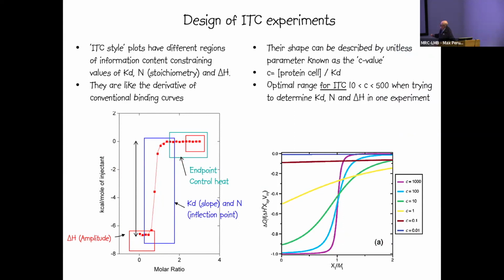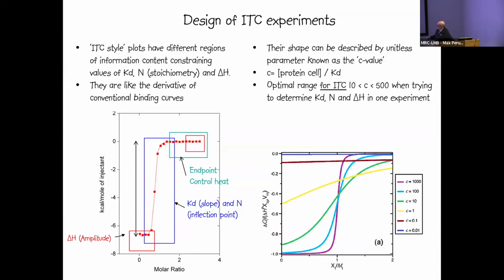So in this case, there's some more data that was obtained, and you can see these initial injections here are telling us a lot about the enthalpy, or the amplitude, the total amount of heat that we're getting when we observe this binding. In this blue region here, we have a sigmoidal inflection, and the slope of this sigmoidal inflection is telling us about the value of the KD.